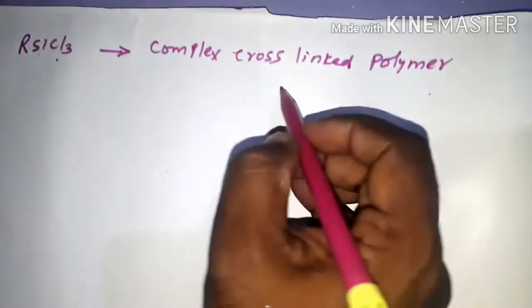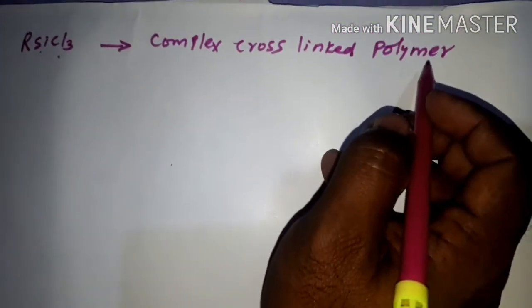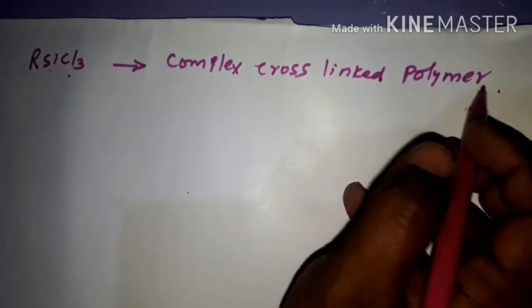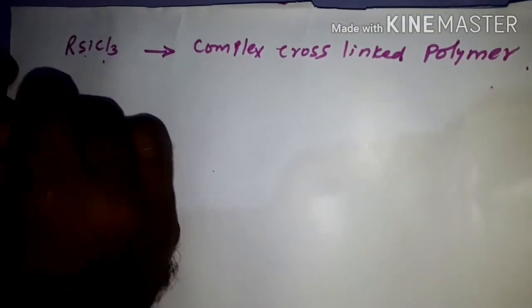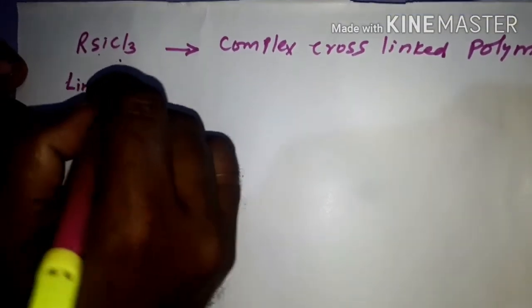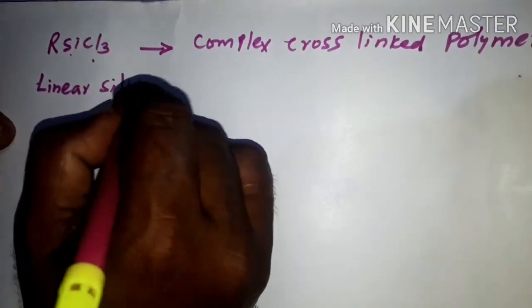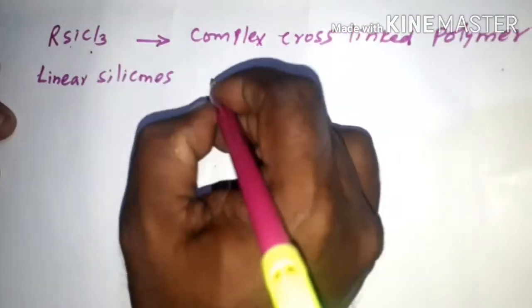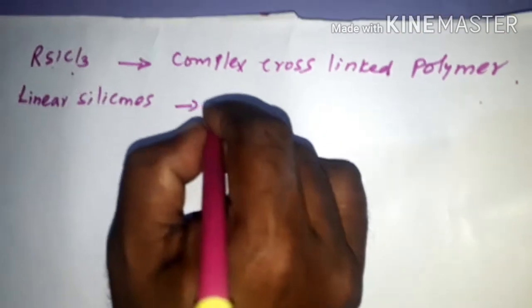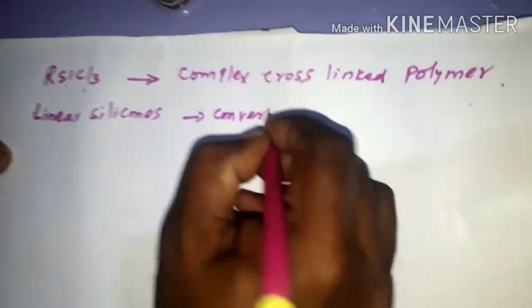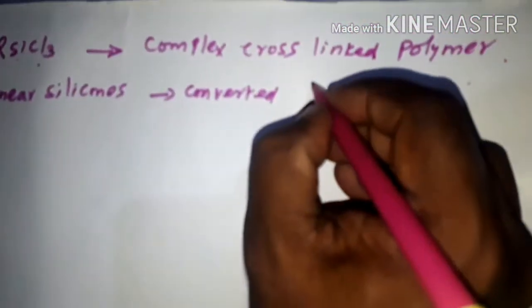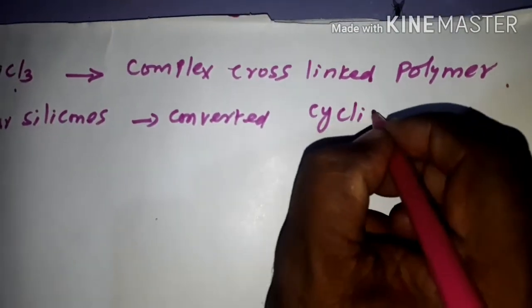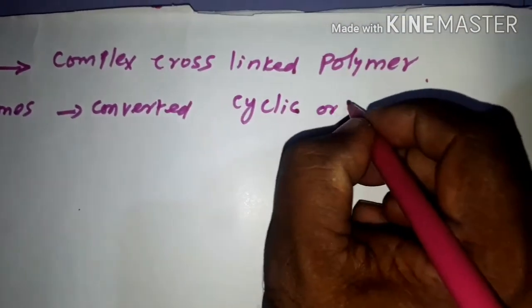So this particular monoalkyl trichlorosilane yields a complex cross-linked polymer. Okay. At the same time, linear silicones can be converted to cyclic or ring silicones.